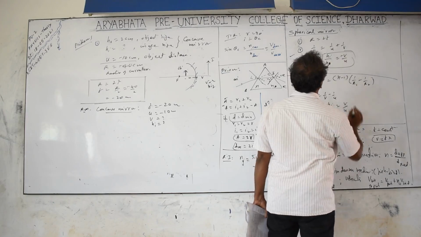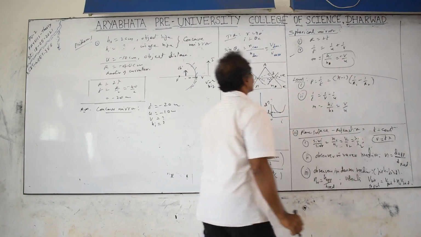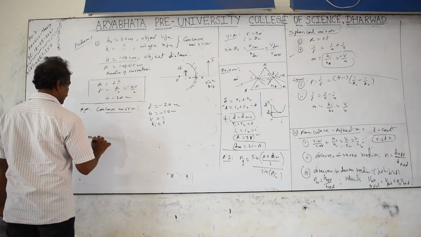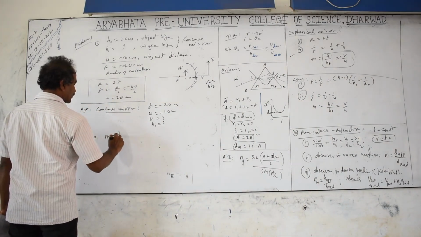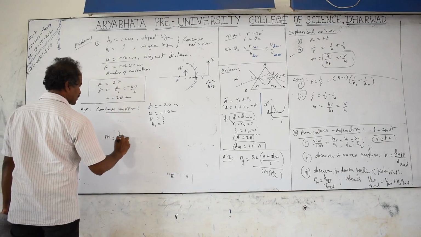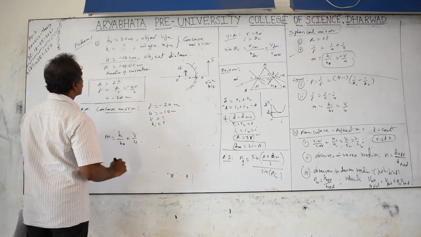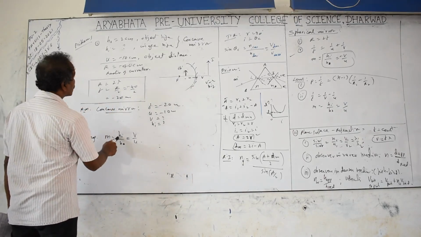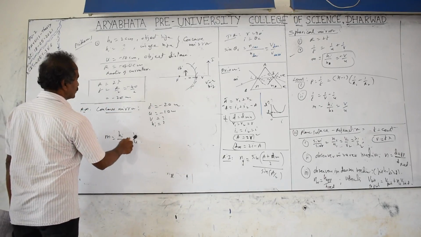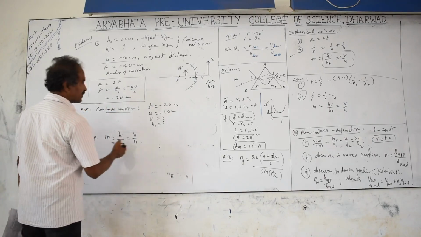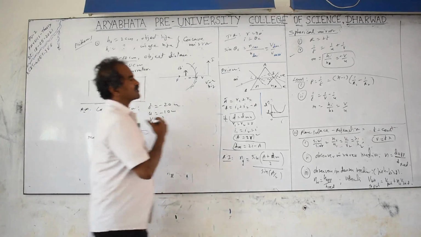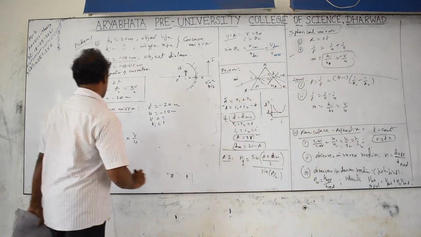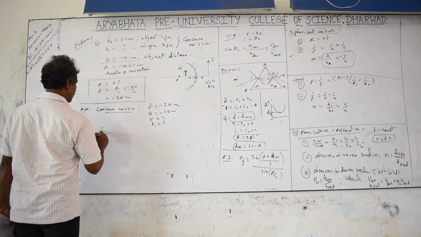Sorry, minus we have to put here: minus V by U. Magnification M equals height of the image by height of the object equals minus V by U. And 1 by F: first we have to find V. We are given the height of the object and U; V and the image are not given. So we can directly take 1 by F equals 1 by V plus 1 by U and multiply throughout with U, or we calculate the focal length separately.